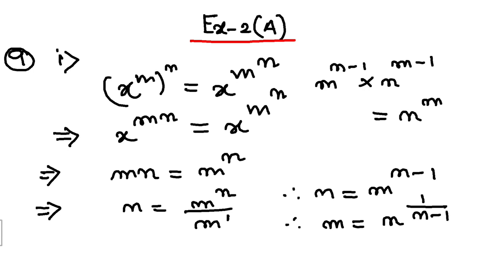Okay, so you may not have understood this line, so let us try to understand this concept on the next page. So I have m is equal to n to the power 1 by n minus 1. That's what I have explained, right?